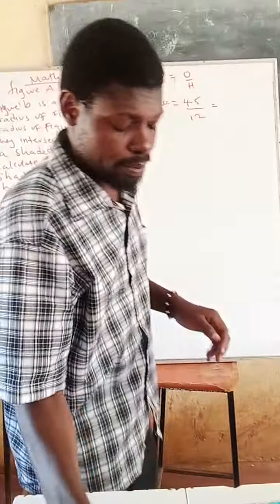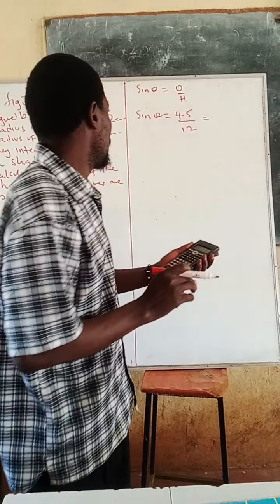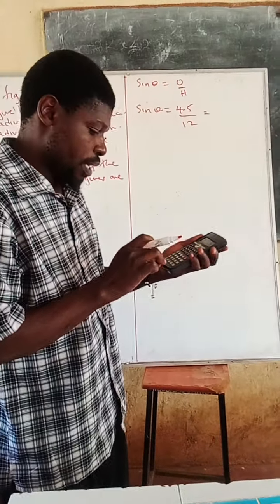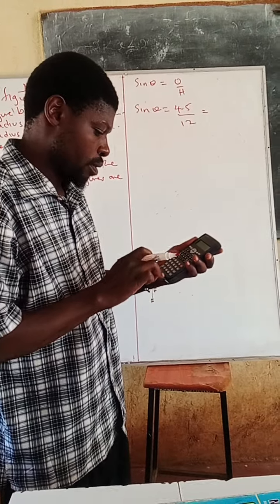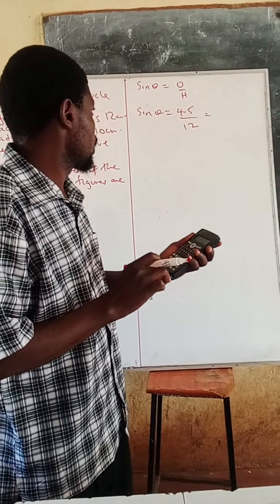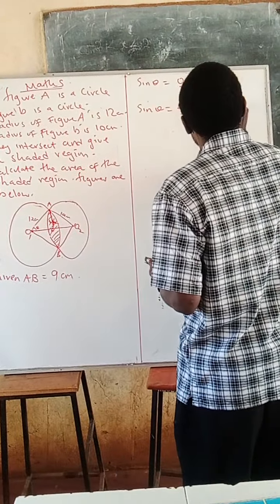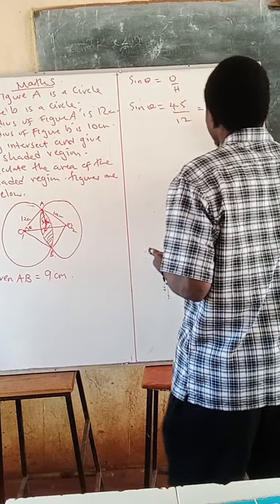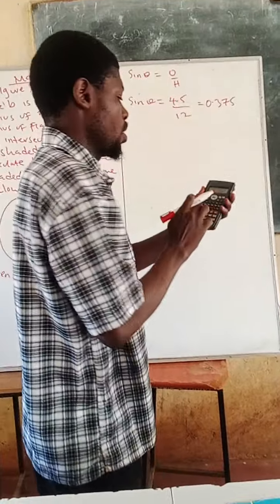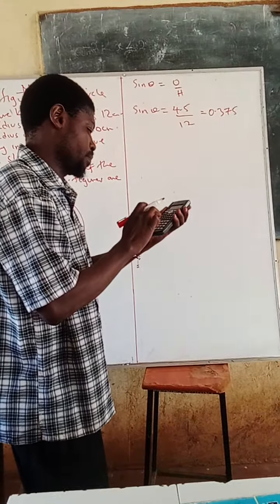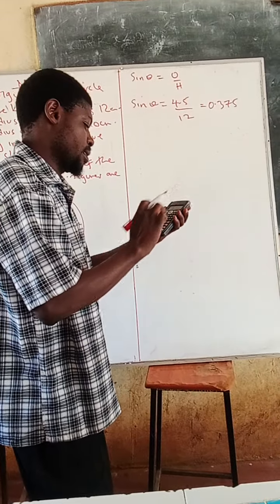From our calculator, if we calculate 4.5 divided by 12, we get 0.375. So sine theta means you go to shift, you go to sine of the answer.